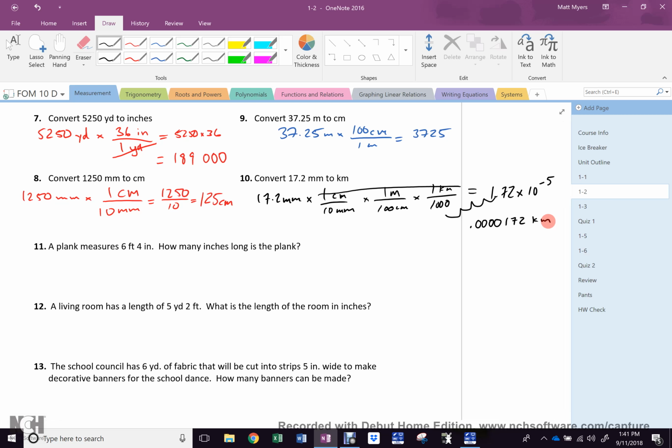But in metric, we can do that. If you stood up, you moved 17 millimeters. Everybody cool? And it's only there to make sure that you can. So it gives me a chance to show you converting through a few steps.